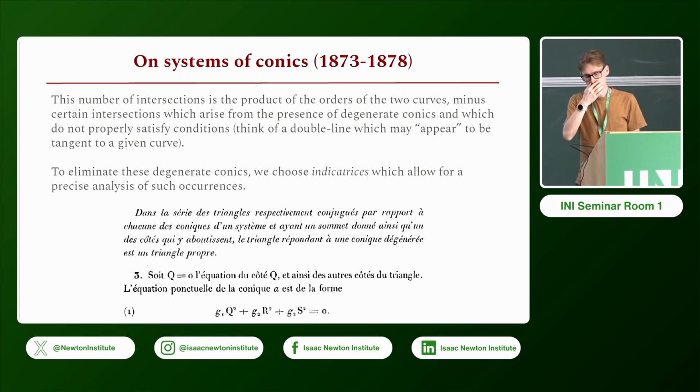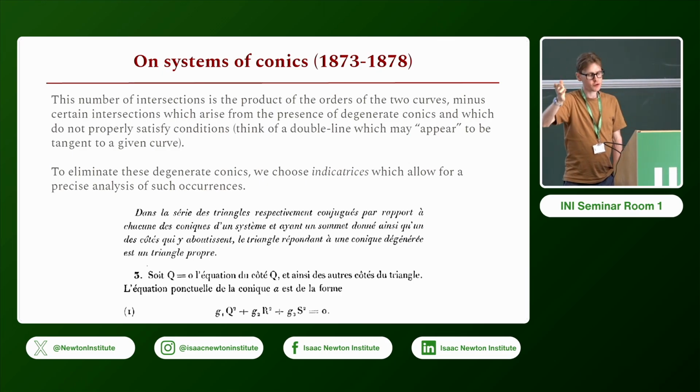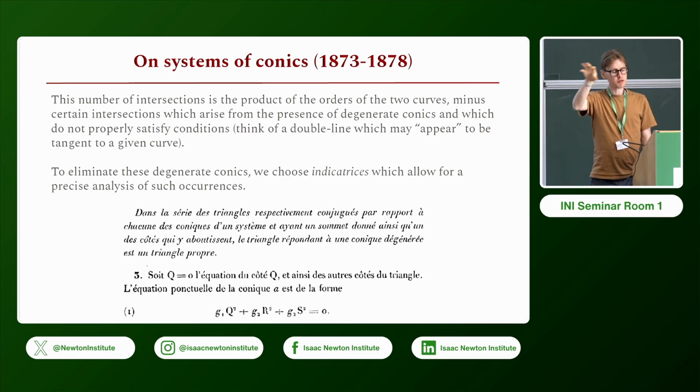But here's one, which is not the one that he will settle on, but one that is sufficiently easy to understand to give us an idea of the method. So here's what he does in this case. He says, well, I have my system of conics. You can think of it as taking the general equation of a conic, where the coefficients are algebraic functions of a parameter.